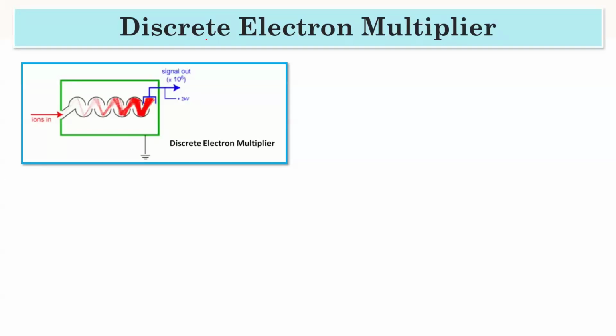Let's move to the discrete electron multiplier. In this case, your ions move to a metal box, and you have some dynodes. When these ions hit the surface, there will be generation of electrons, and electrons will come out.